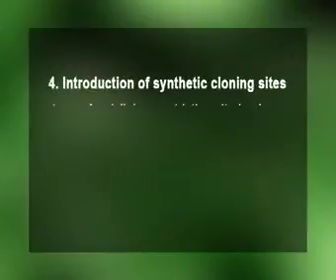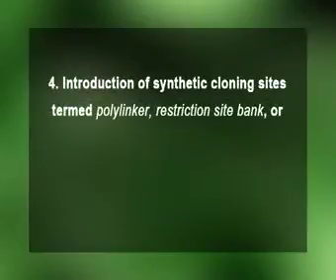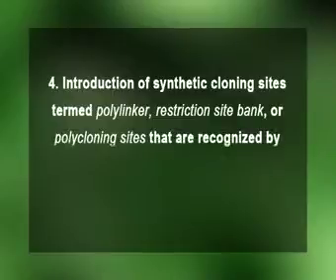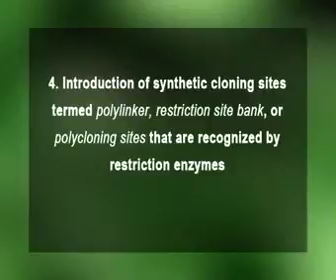Number 4. Introduction of synthetic cloning sites termed polylinker restriction site bank or polycloning sites that are recognized by restriction enzymes. This polycloning site is usually present inside a marker gene so that with the insertion of foreign DNA, it will inactivate that marker gene and the recombinants can be selected.